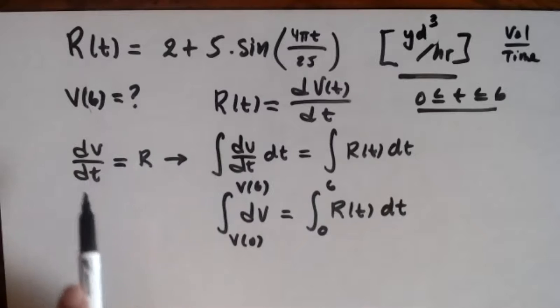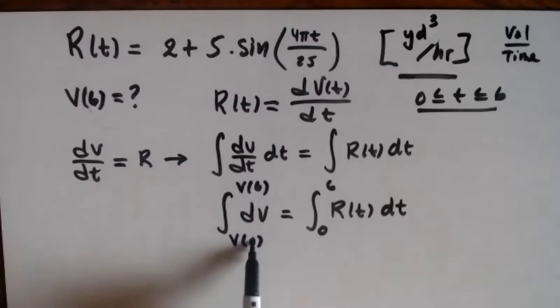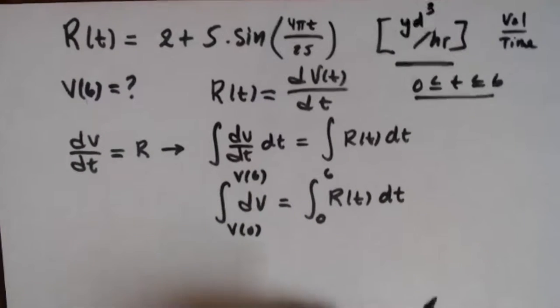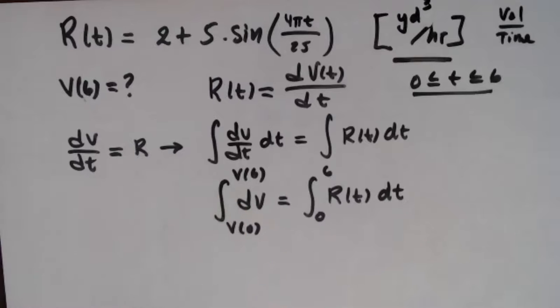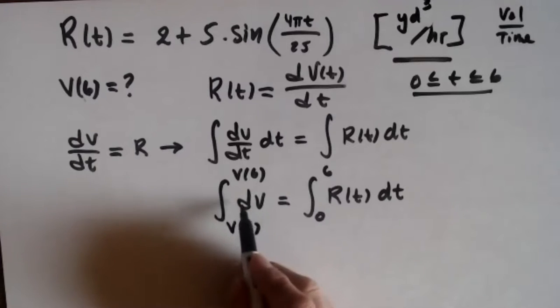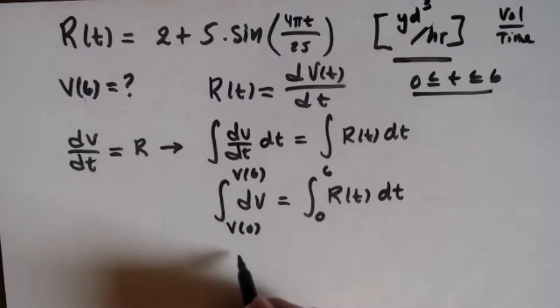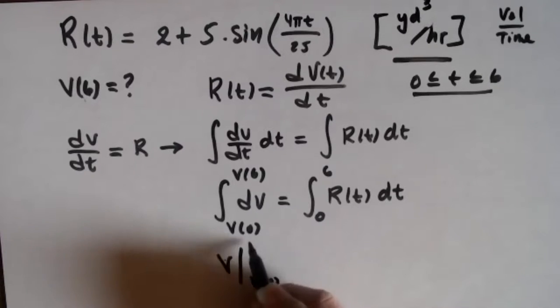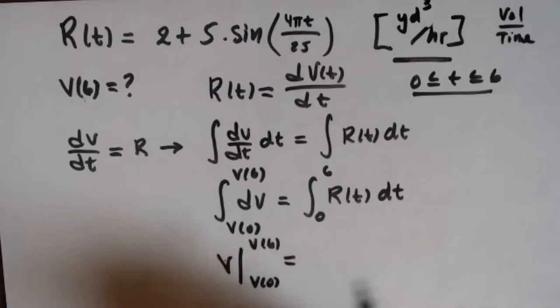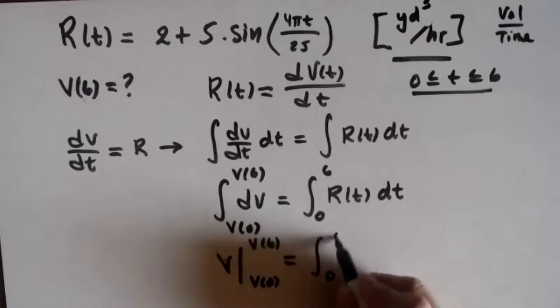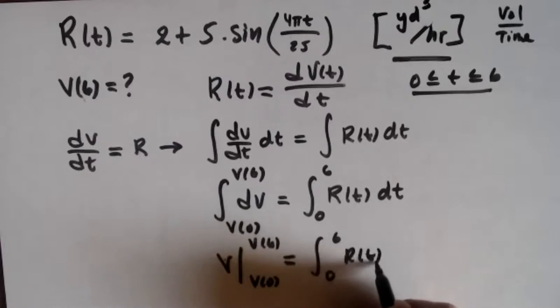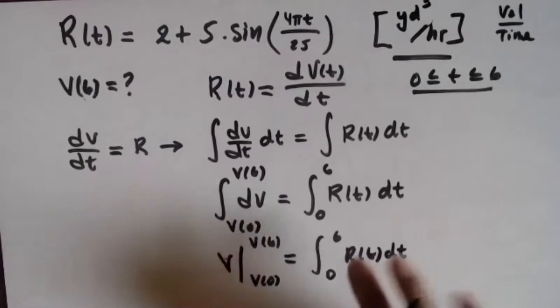Then the antiderivative of dV is V evaluated from V of 0 through V of 6. This is the fundamental theorem. And this is the integral from 0 to 6 of r of t dt, correct?